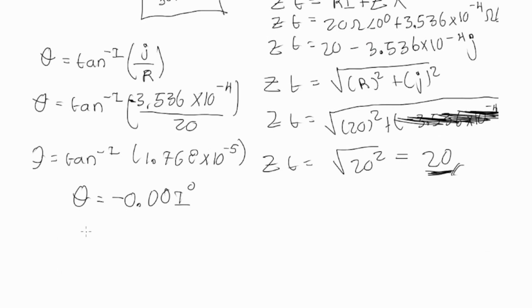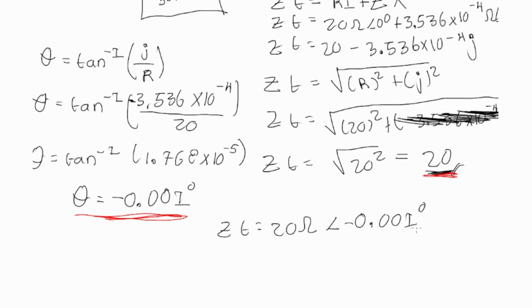And with these two values, we can say that the total impedance will equal 20 ohms with a phase angle of minus 0.001 degrees. This means that the capacitive part has a stronger effect on the circuit than the inductive part.